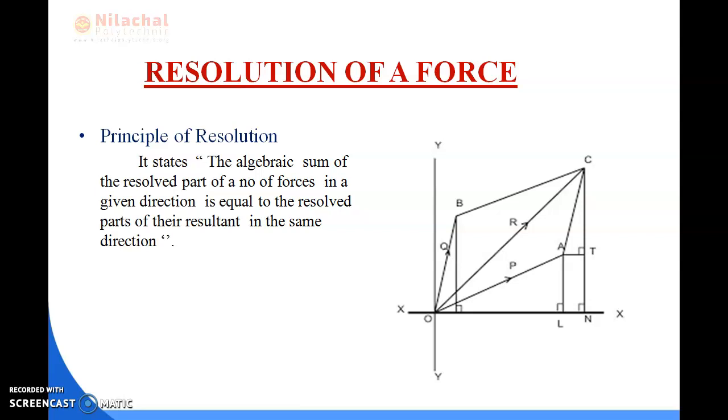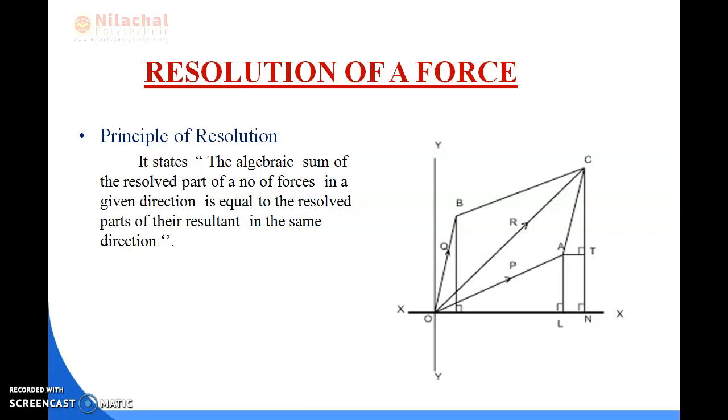In the previous slide we discussed the resultant force and composition of forces. In that case we are adding the forces to make the resultant force. But here, resolution means subtraction or splitting up.